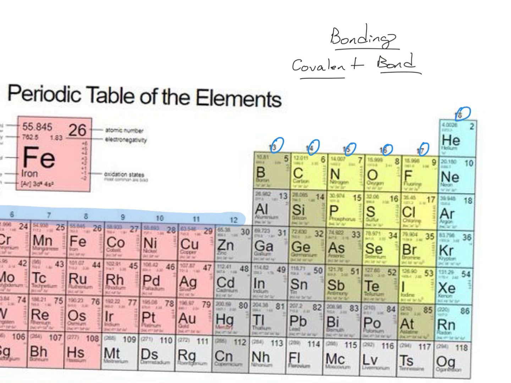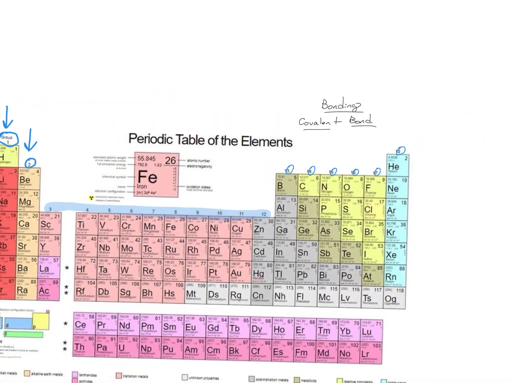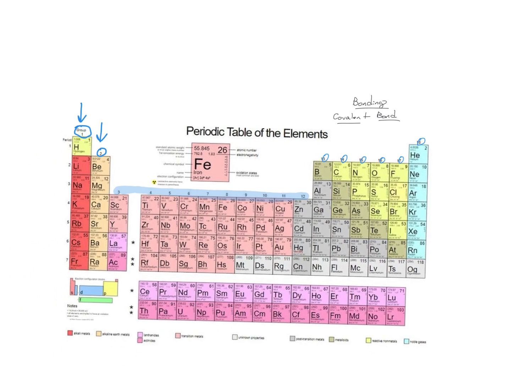Now, I know that this says 13, 14, 15, 16, 17, 18. There's a good reason why it does that, but don't worry about it right now. You're just looking at the ones place of these columns that I just put circles around, and that tells you the electrons in the outer shell. That's it. Just remember that.